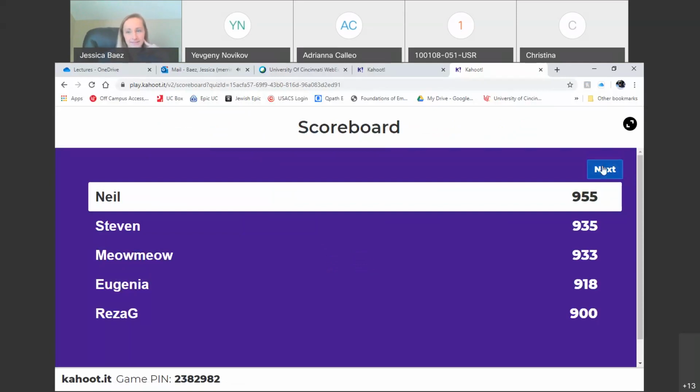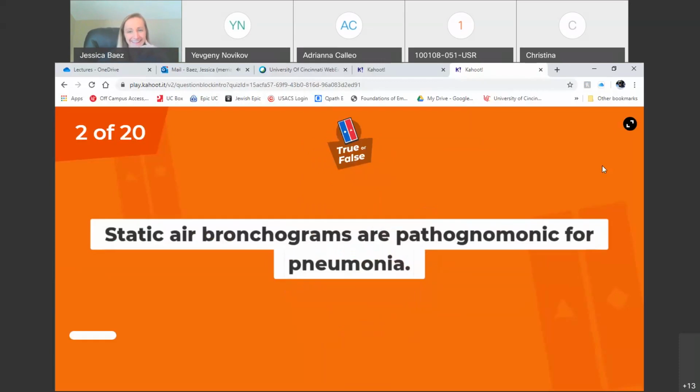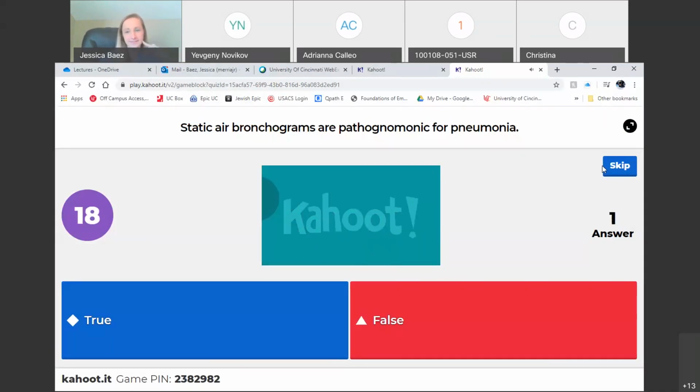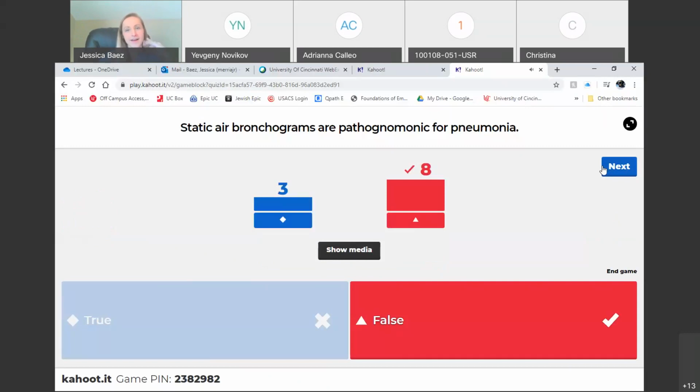All right. I'm not going to read these to you because it gets confusing. Ooh, nice. All right, so static air bronchograms are pathognomonic for pneumonia. The answer is false. We talked a little bit earlier, so dynamic air bronchograms are, because that means you are having ventilated lung surrounded by consolidated lung tissue.